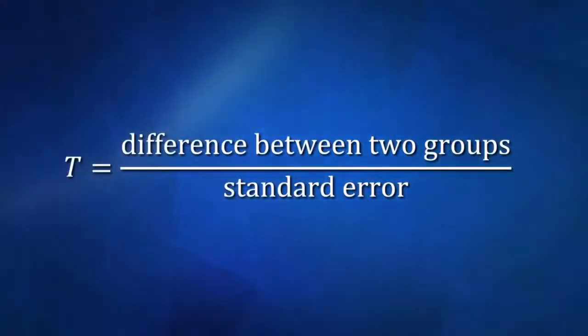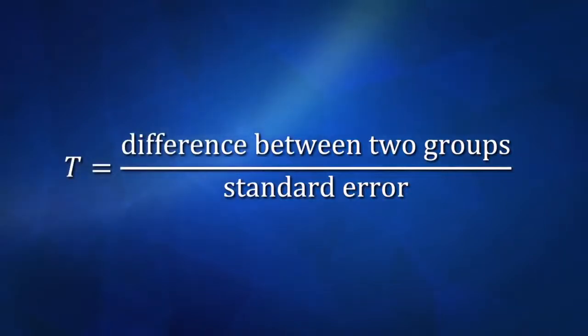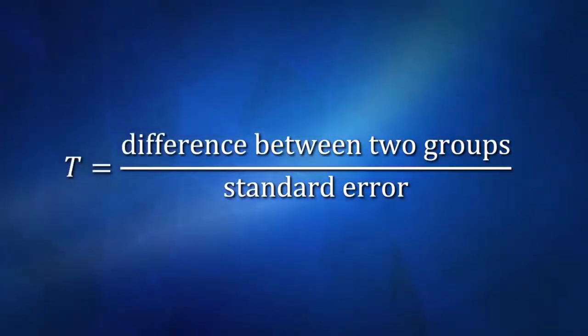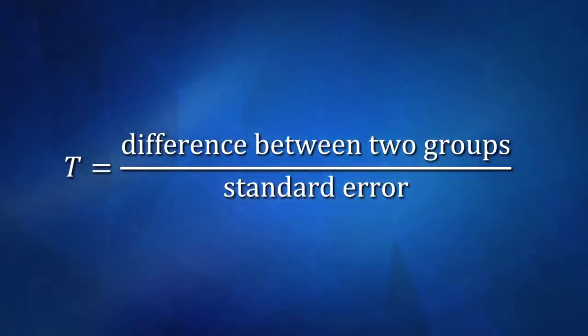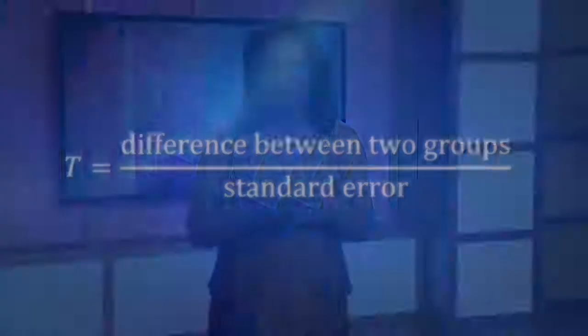Okay, now let's recall that the t-test was a ratio of a group difference for two groups divided by the sampling variability, where in this case, sampling variability is just the standard error. So whenever we calculated that t-statistic, it was equal to the difference between the groups in the numerator over the standard error in the denominator. Now, ANOVA is based on the same idea.